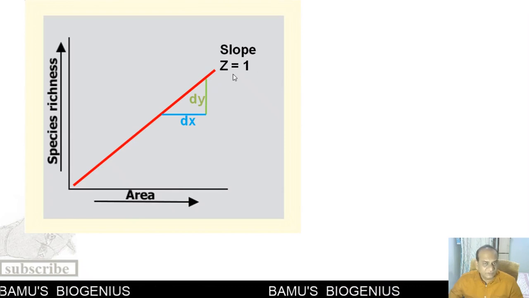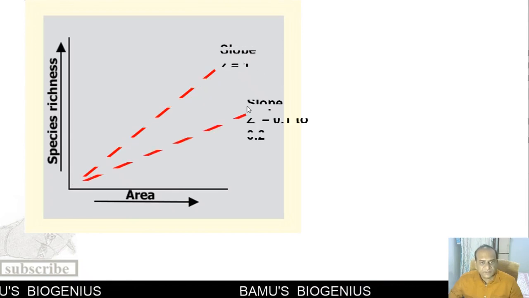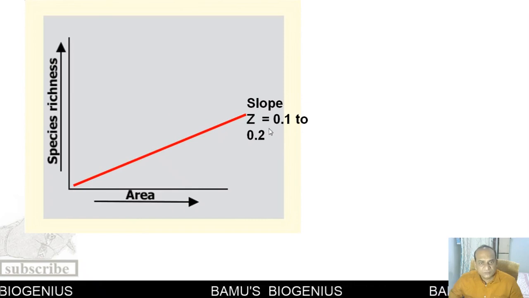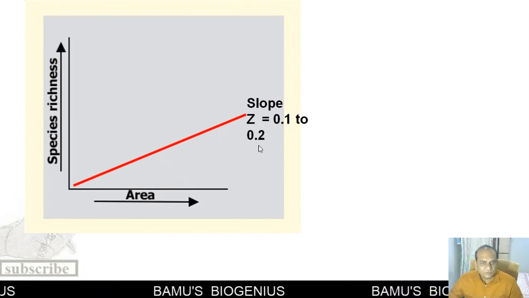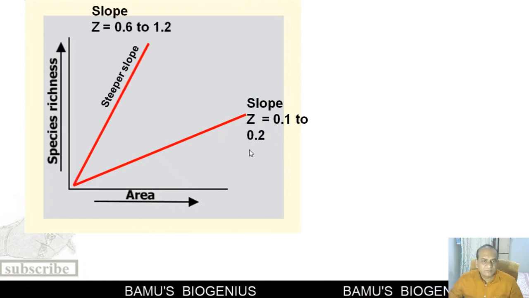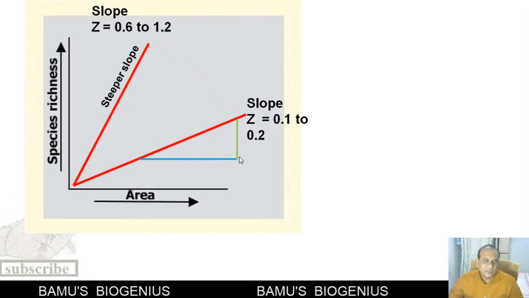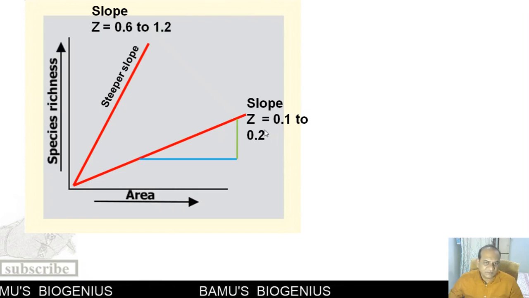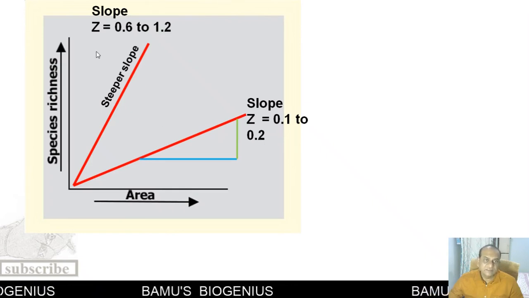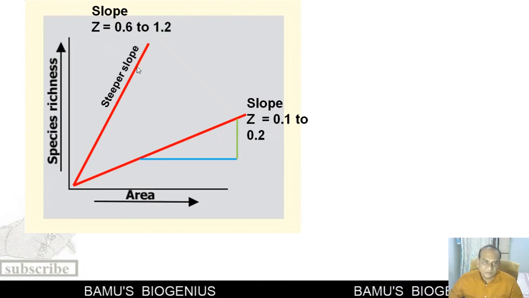Whereas, as we have seen in the last slide, if the slope is 0.1 to 0.2, that means for a larger change in the area, a very small rise in species number is observed. Whereas in this case, a steeper slope is there.